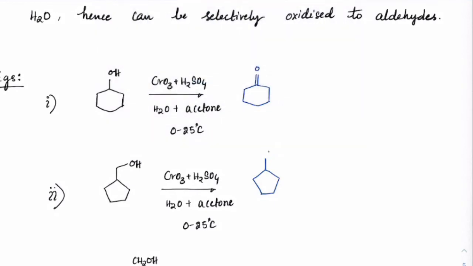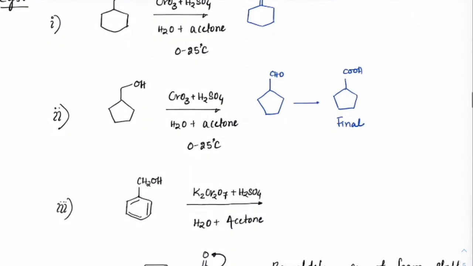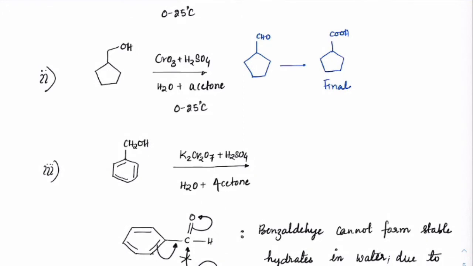First it will form aldehyde, CHO, which will further oxidize to form acid. So the final product is this. But if you take the same thing with an allylic position, no matter how much we oxidize here in the Jones reagent also, it will only end up at aldehyde. It does not go further.